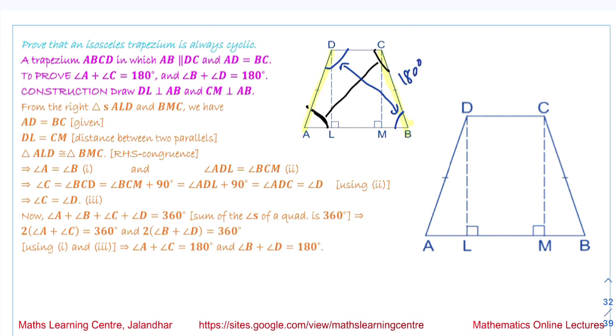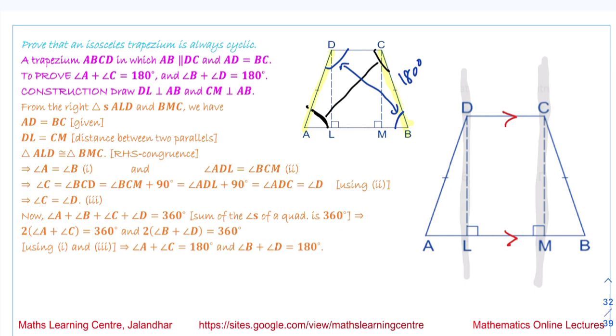Now if we look at these two sides, it is a trapezium over here. So we are saying that AB and CD are parallel to each other. So we have done the construction over here: we have drawn DL perpendicular on AB and CM perpendicular on AB from the points D and C respectively.